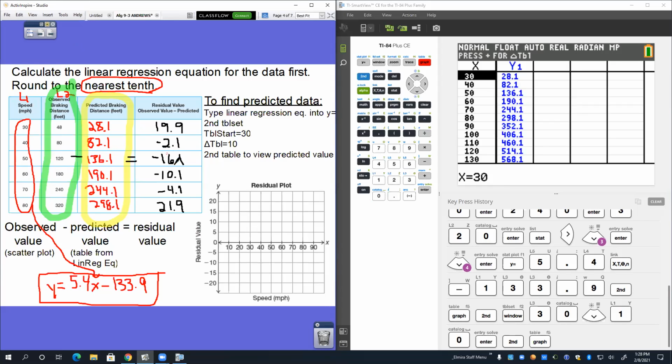So when we go to plot the data, what you're actually graphing here, your X value is your L1 column, and your Y value is your residual value. So we're graphing this first column with the second column as points. So your points are your L1, comma, your residual value.